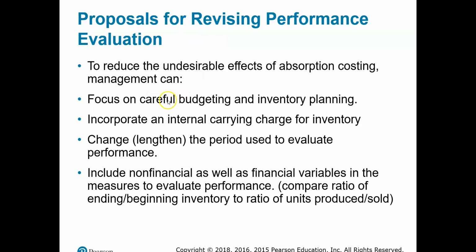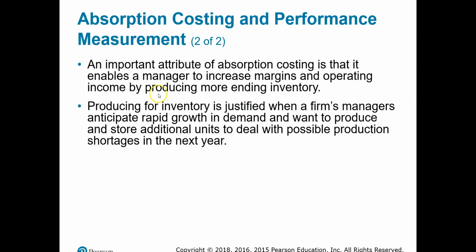Now, one thing it can do is have a negative effect. For example, let's say a manager's bonus is tied to operating income. But I also want to keep people busy. So I want to produce and make my numbers look good because I'm more productive. I have a higher productivity rating.